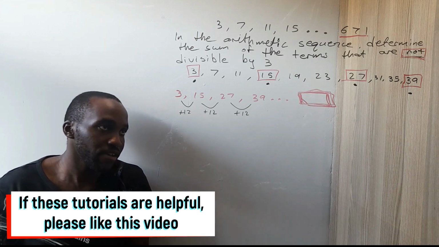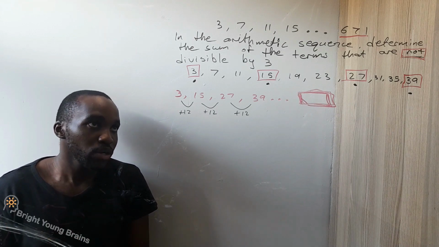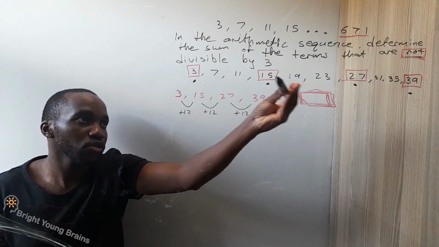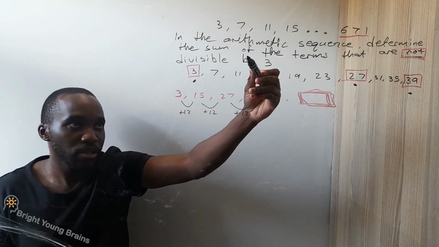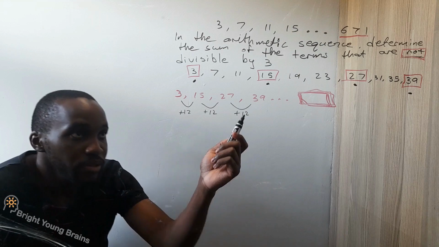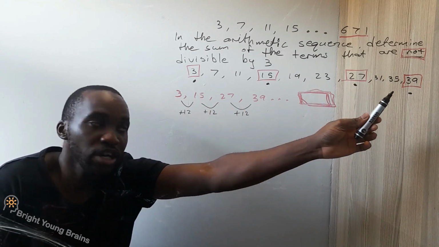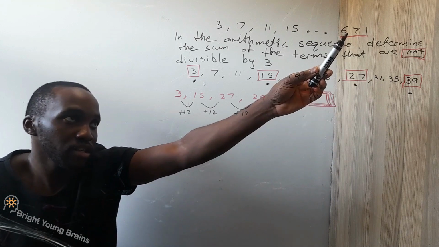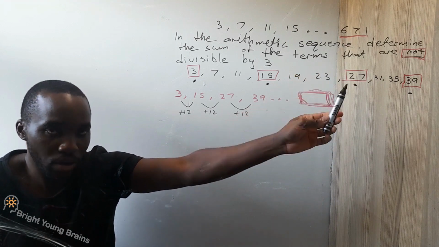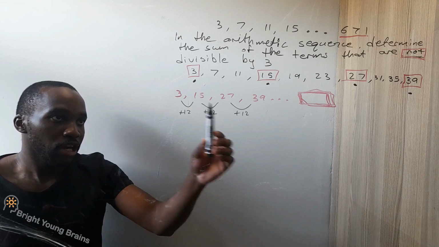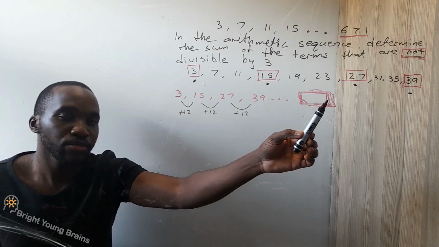Before we find that value, which we will do just now, for us to work out all the terms that are not divisible by 3, for us to add all of those up, what we will need to do is get the sum of all the terms in our original sequence until 671. After doing that, we will subtract all these terms here.